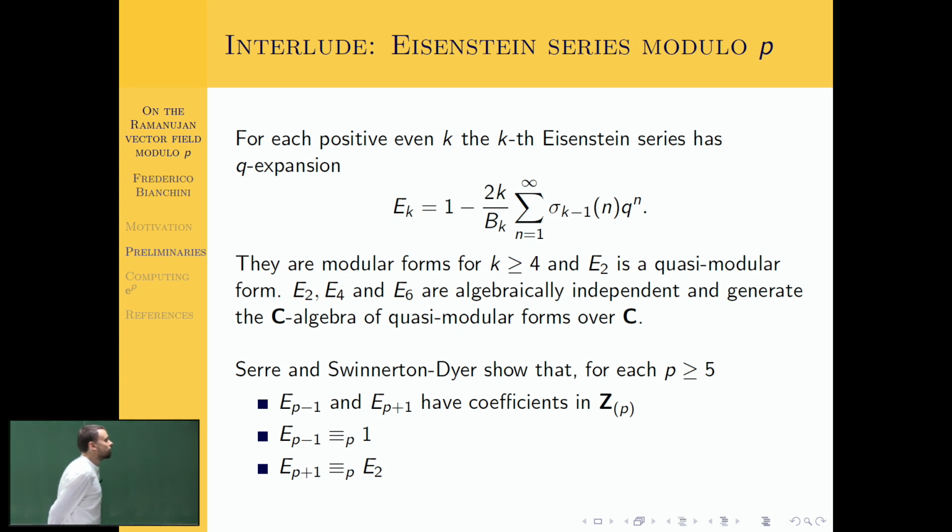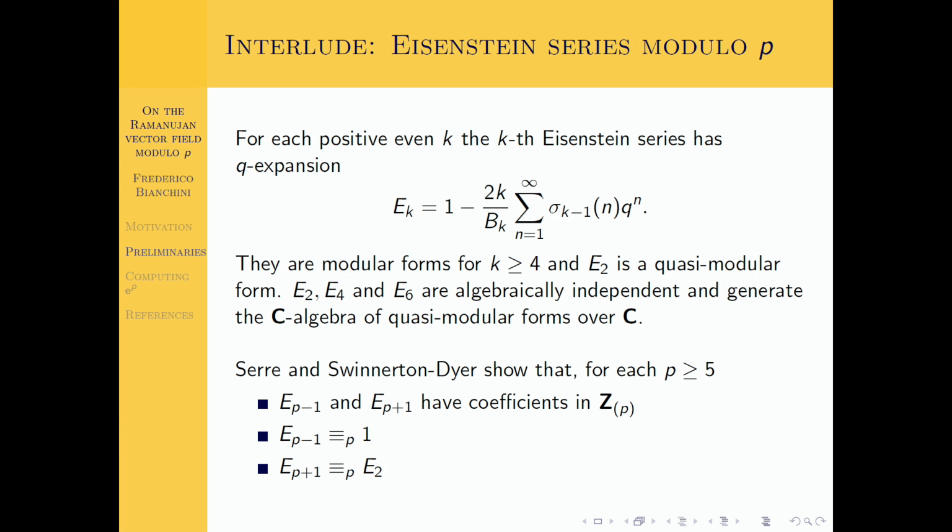So for each positive integer k, the kth Eisenstein series has this q-expansion. I'm not going to go too much into detail. They are modular forms for k greater than 4, and E2 is quasi-modular. E2, E4, and E6 are algebraically independent. They generate the C-algebra of quasi-modular forms over C.